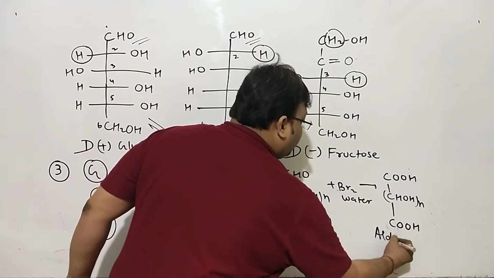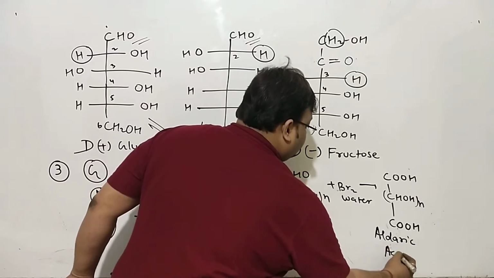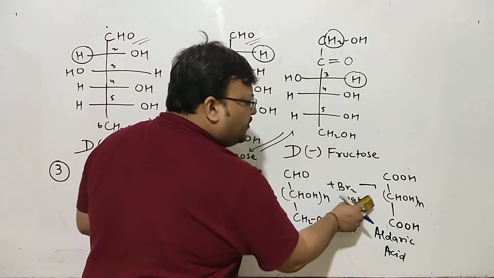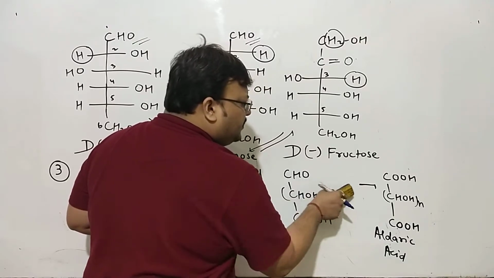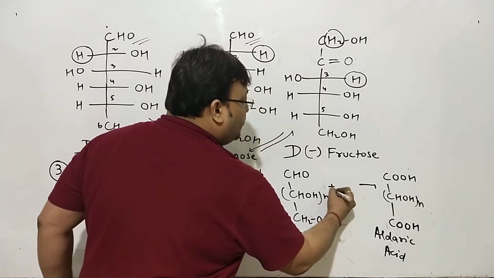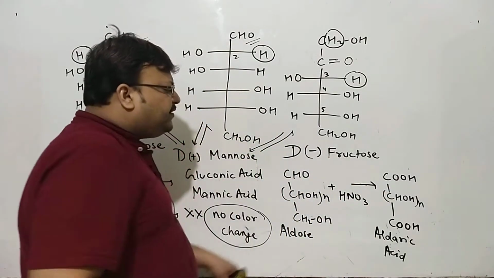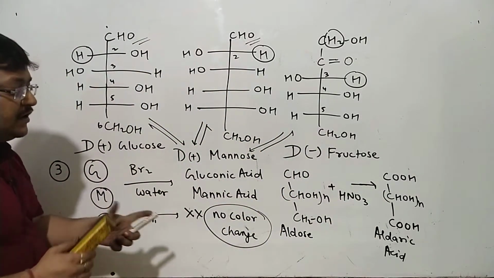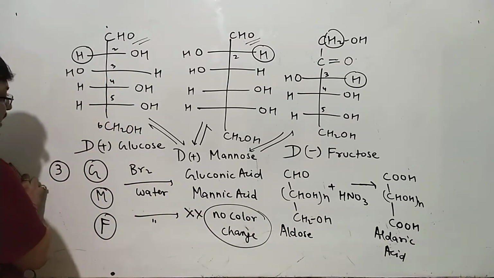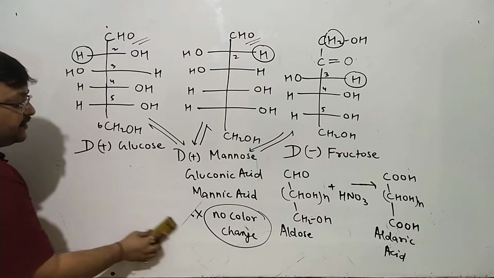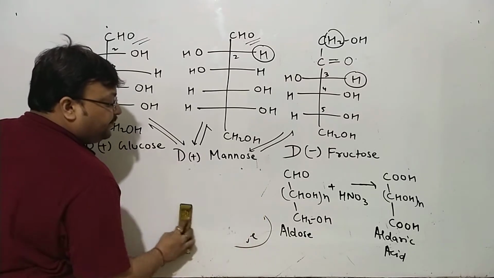So this is aldaric acid. And it will require a stronger oxidizing agent, the most popular being nitric acid. Nitric acid is a strong oxidizing agent, which converts aldose to aldaric acid. So the next set of reactions will be using nitric acid.